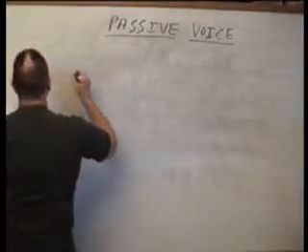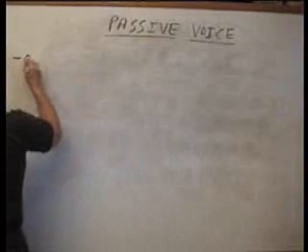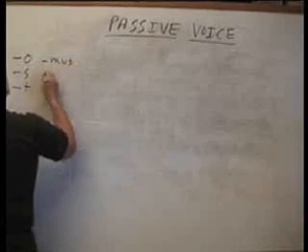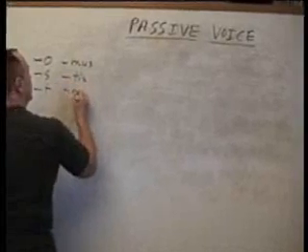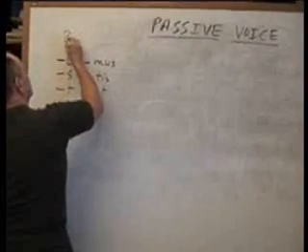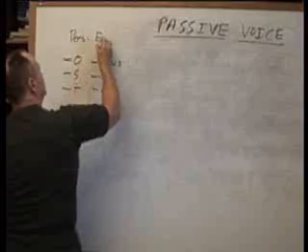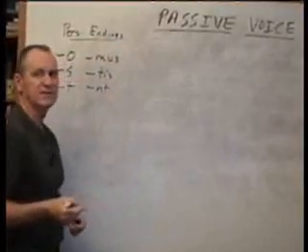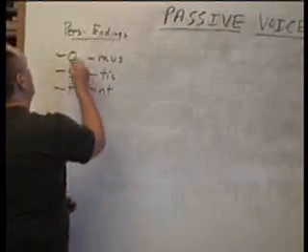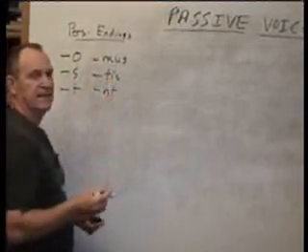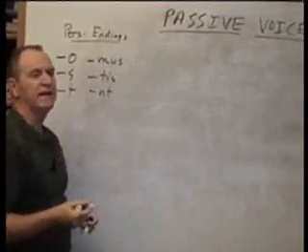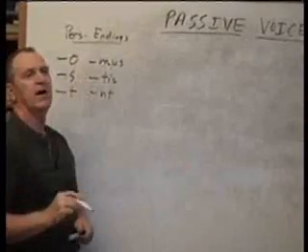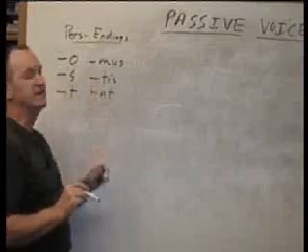In the active voice, we had o, s, t, mus, tis, and nt as personal endings. Okay, remember these? You memorized them 1,000 years ago in Latin 1? O, s, t, mus, tis, nt. These are the personal endings that not only tell me who is doing the action, amo, amas, they also tell me that this is active.